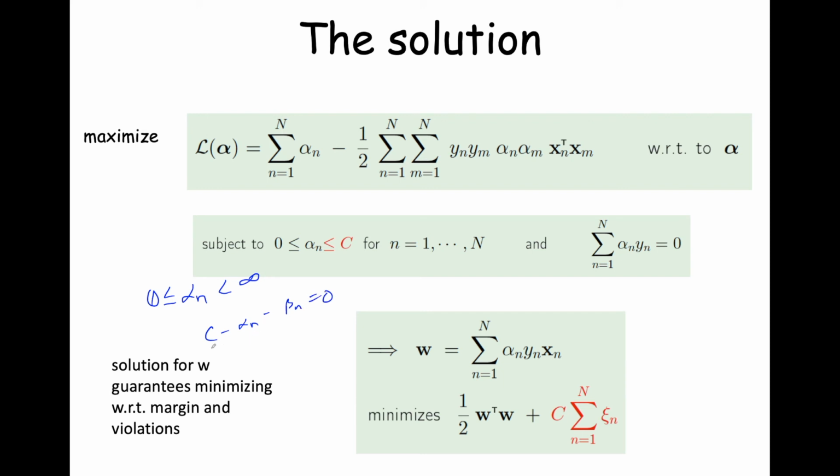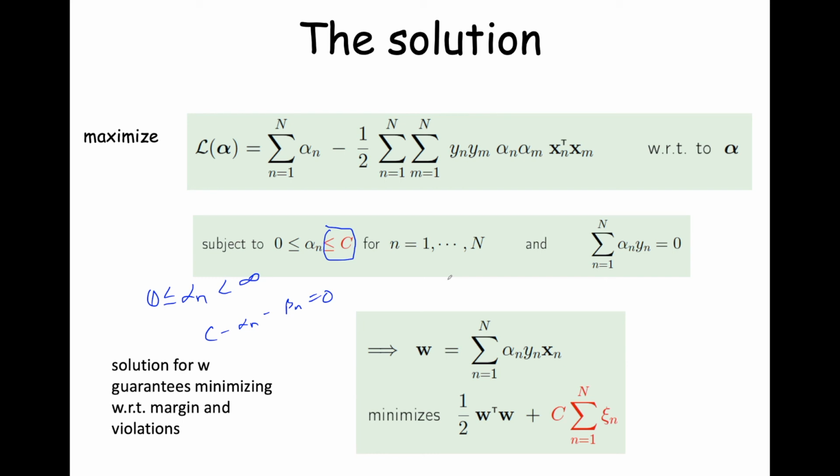That sets this upper bound, and the only thing that's changed with this margin violation added to the support vector formulation is that we now have this upper bound of C on our alpha n. And this is for every single alpha n: alpha 1, alpha 2, alpha 3, up to and including alpha big N. Because remember, there's an alpha Lagrange multiplier associated with every single in-sample point that we trained on.